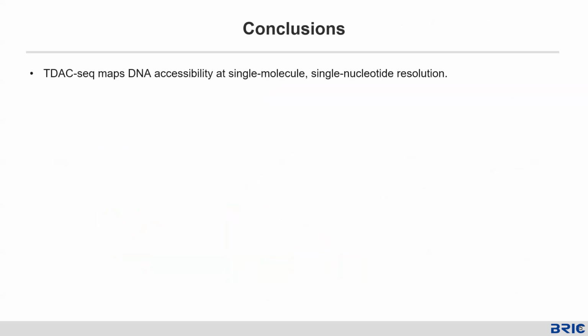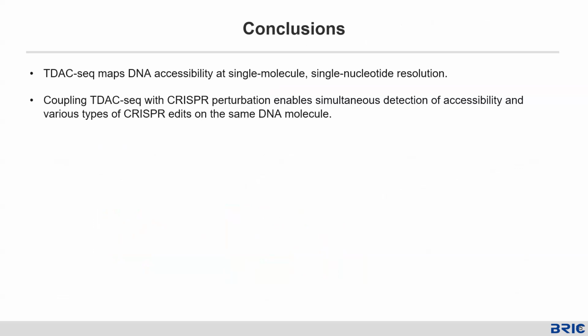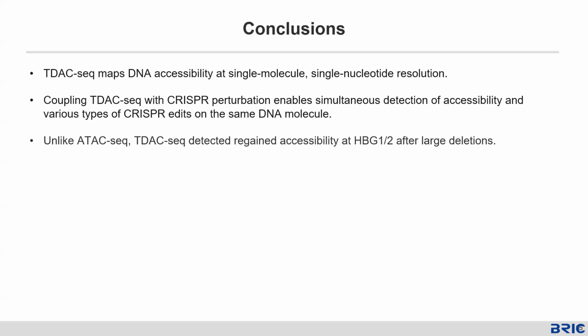To summarize this talk, we developed TDAC, which maps DNA accessibility at single molecule, single nucleotide resolution. Coupling TDAC with CRISPR perturbation enables simultaneous detection of accessibility and various types of CRISPR edits on the same DNA molecule. Unlike ATAC-seq, TDAC could detect regained accessibility at the HBG1 and 2 region after large deletions.